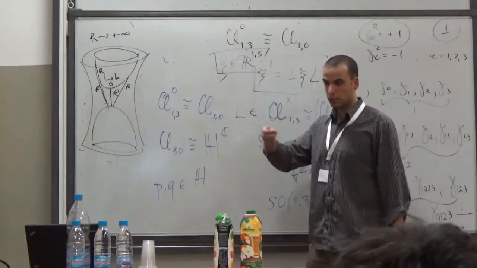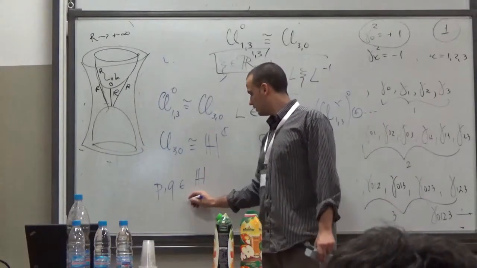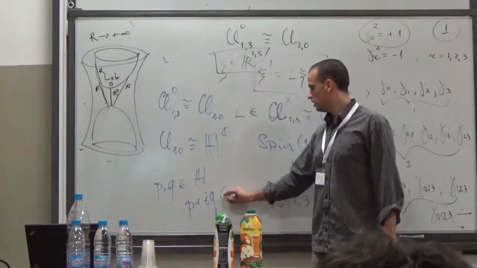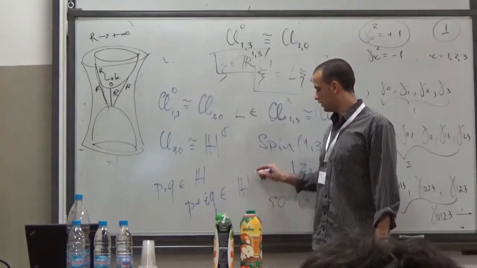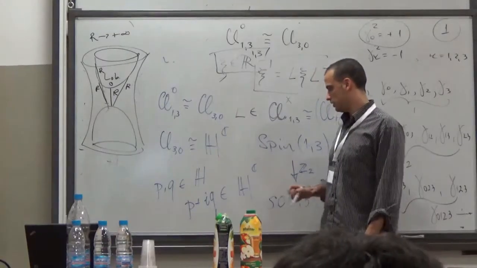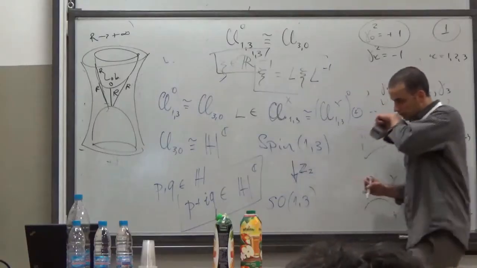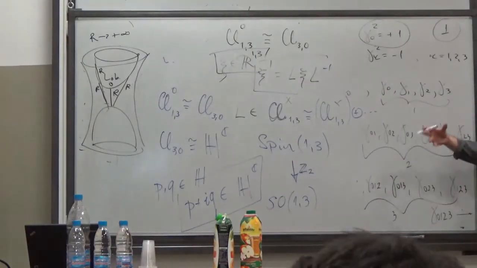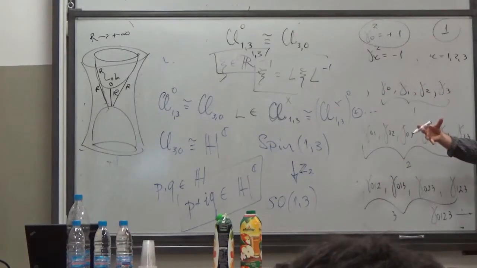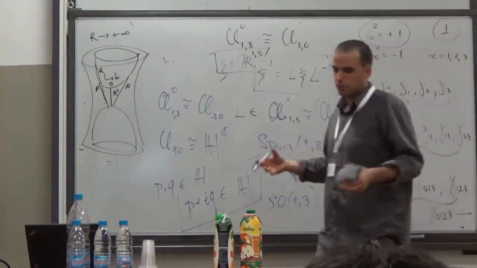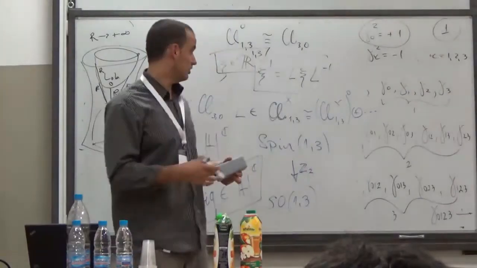I'm going to introduce an imaginary unit. P plus iQ will belong to the complexified quaternions. So the Lorentz group is a simple complexification of the group of rotations.